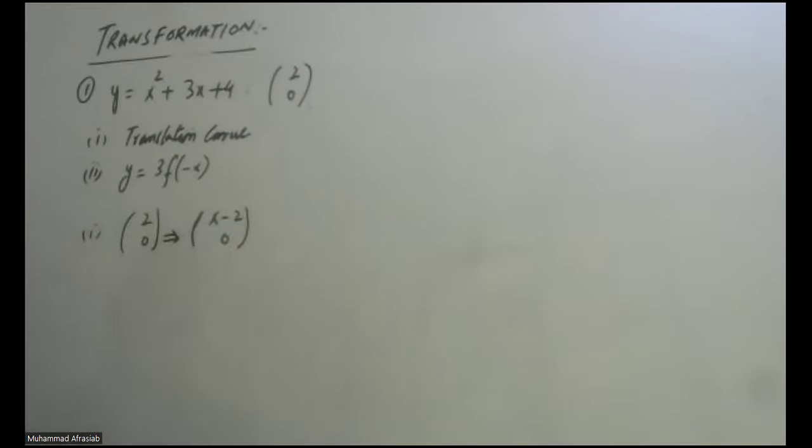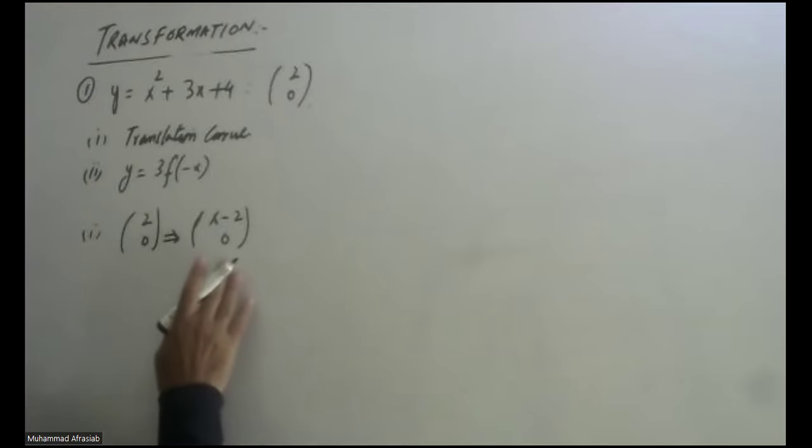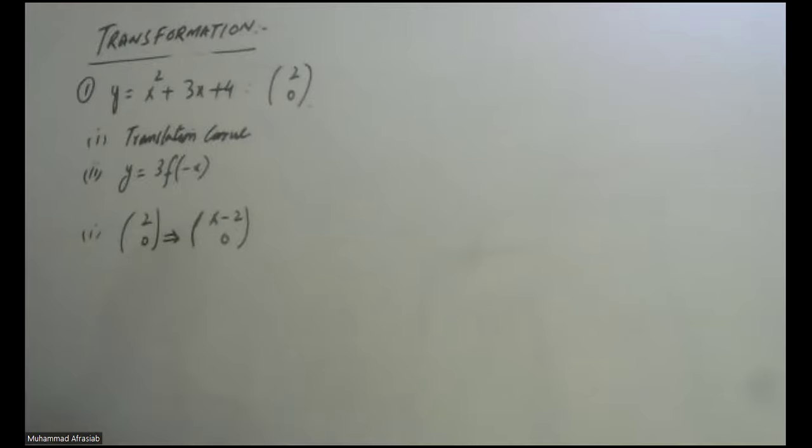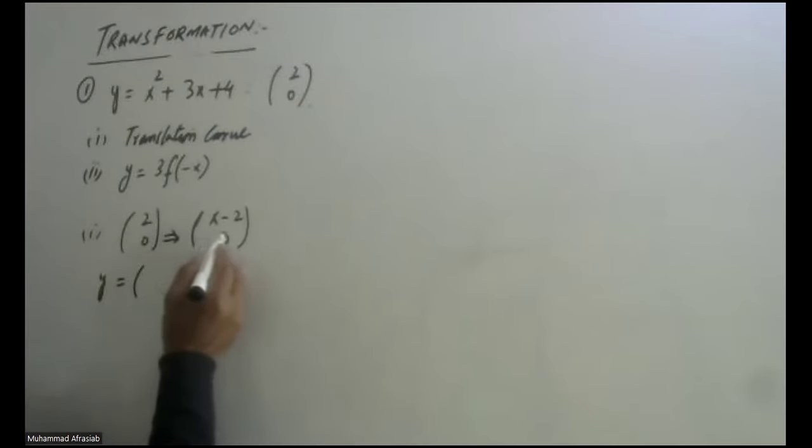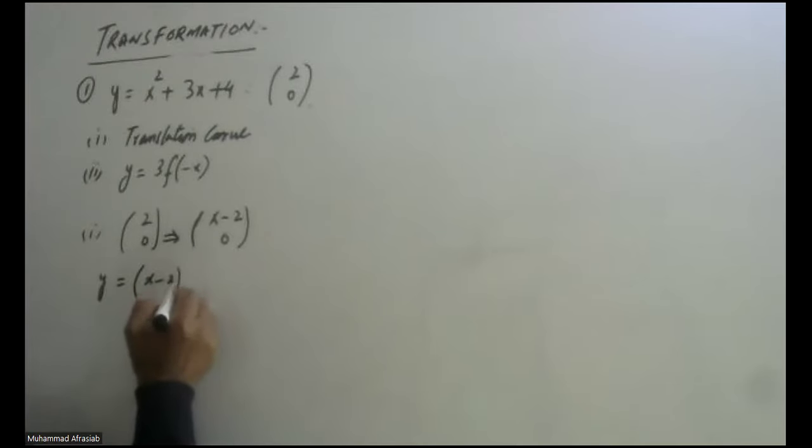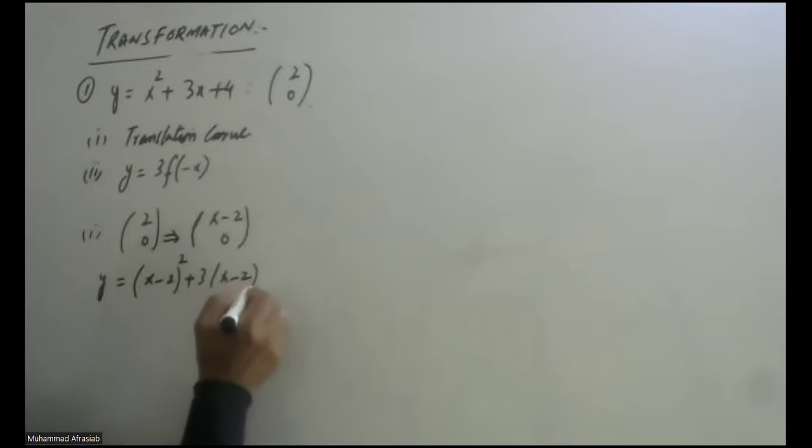So it is basically 2 units, it is translated along the x-axis. So y is equal to, where it is x, you replace it by x minus 2 whole square plus 3 into x minus 2 plus 4.